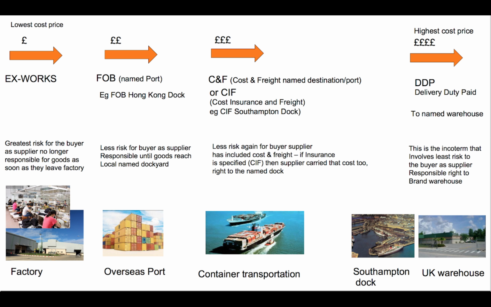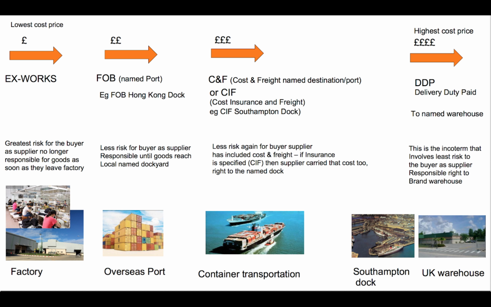C&F, which is cost and freight, to a named destination or port, or CIF, cost, insurance and freight. This can add maybe 15 to 20 cents to your cost price. So it's adding price to your cost price, but it's less risk for you as the buyer. The supplier has included the cost and the freight, or the cost, insurance and the freight, to the named dock, e.g. Southampton.